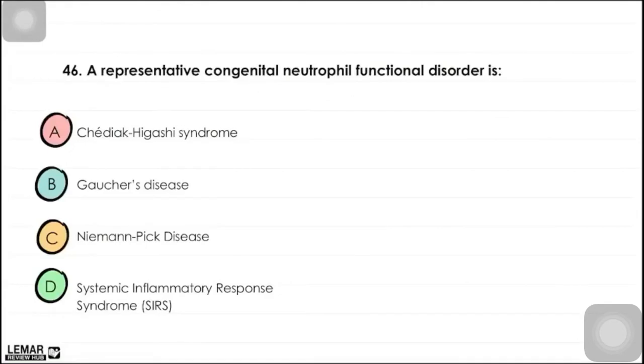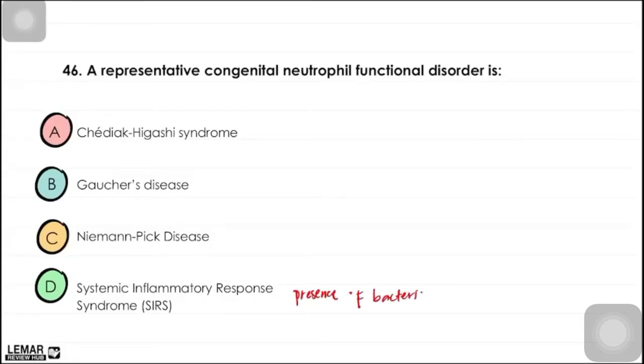Let's go back. What is the last option? The systemic inflammatory response syndrome. So this includes the progression of sepsis to severe sepsis and septic shock. So remember, sepsis begins when the innate immune system responds aggressively to the presence of bacteria.